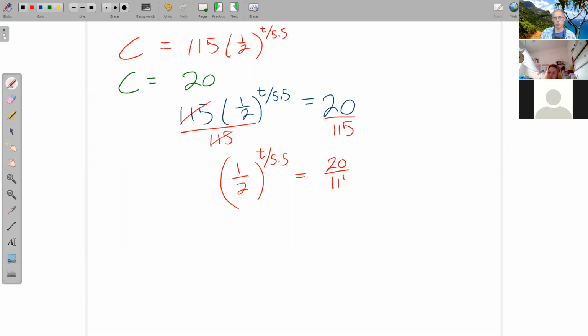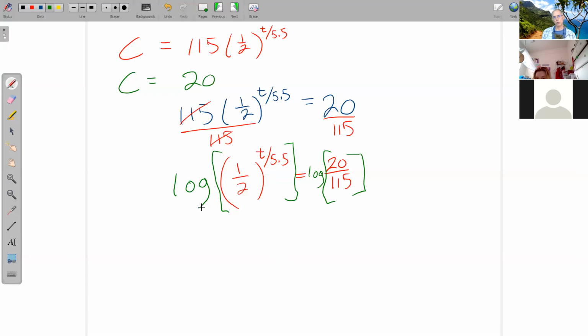All right, what should we do next? We've got everything away from the base. It's now logarithm time. So the next step here, since I have the base alone, is to take the logarithm of each side. I'm just using square parentheses to differentiate because I have another set right there.